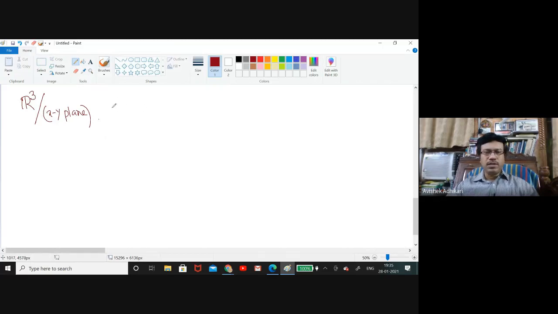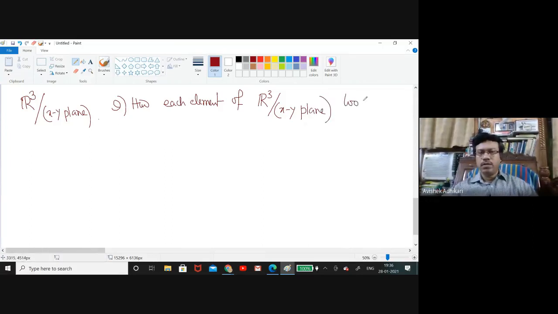Now my question is how each element of R3 quotient XY plane looks geometrically. That's a kind of question that could be asked from algebra, and it will switch from algebra to geometry. Okay. Now tell me somebody. Anybody, please try. Unmute yourself and let me know.